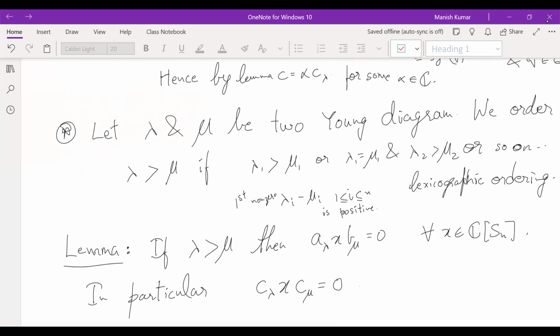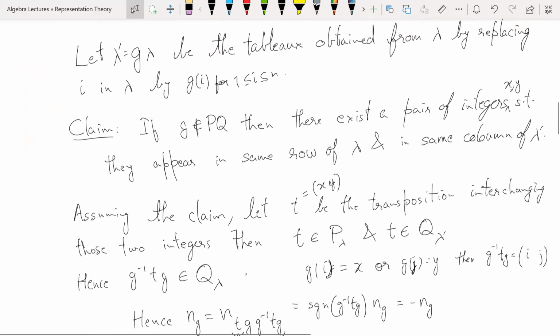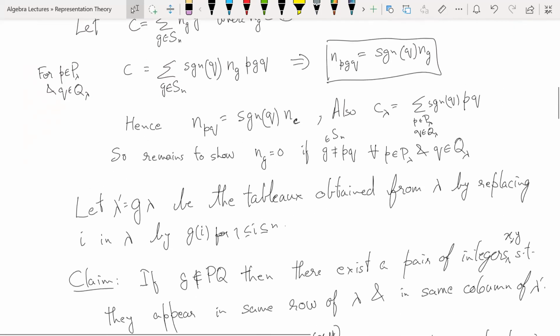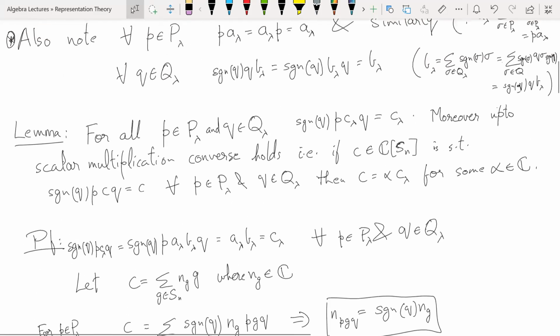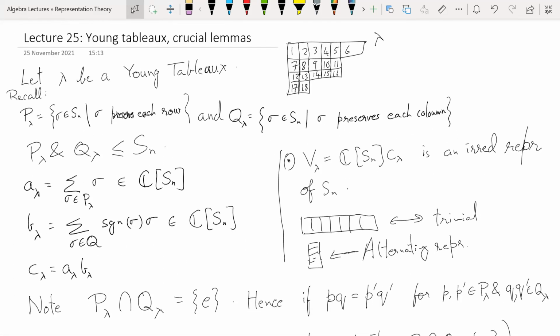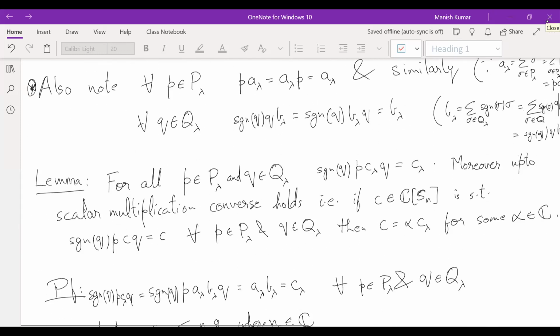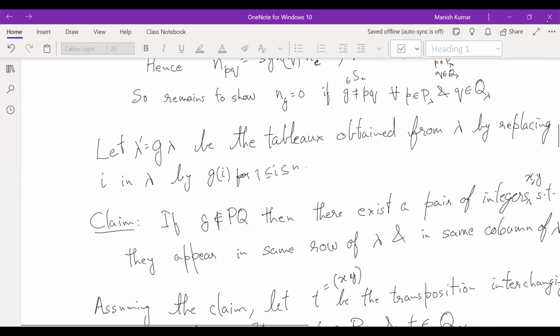We'll finish this lemma, and on Monday we'll complete the proof of this classification. The main theorem I have stated here, and that lemma is the other crucial lemma, and these two together are good enough. Then that will help us prove that the V lambdas are irreducible, and these are all the irreducible representations. Maybe it's a good place to stop.